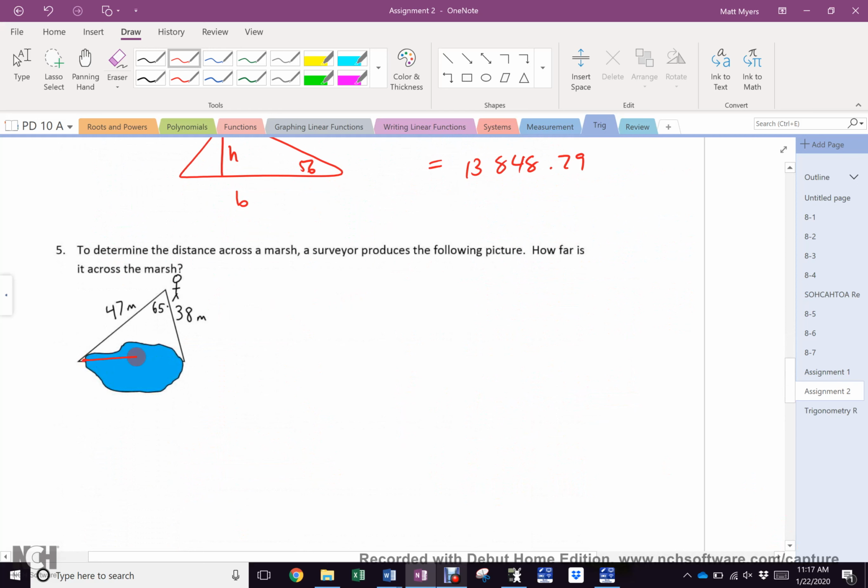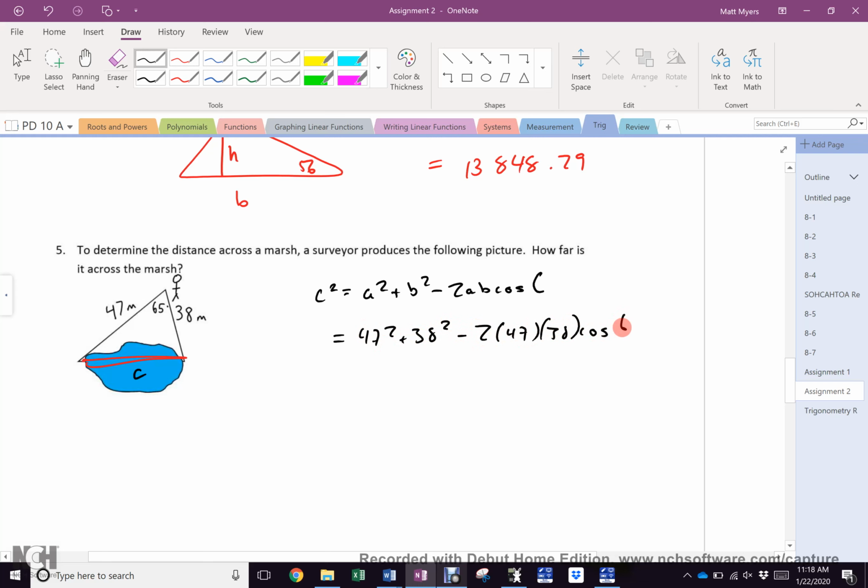How far is it across the marsh? Well, no pairs, so I got to use cosine law. Since this is the side I need, I make it c. C squared equals a squared plus b squared minus 2ab cos c. 47 squared plus 38 squared minus 2 times 47 times 38 times cos 65.